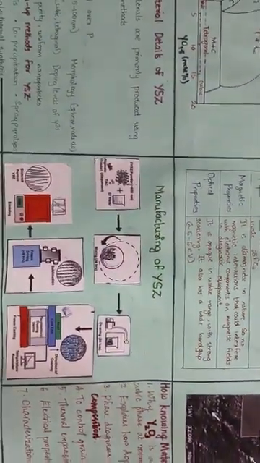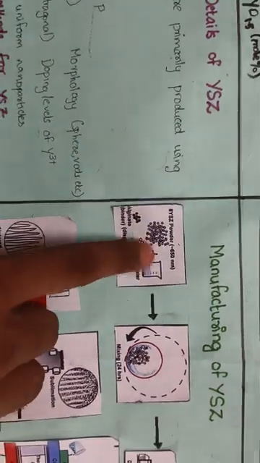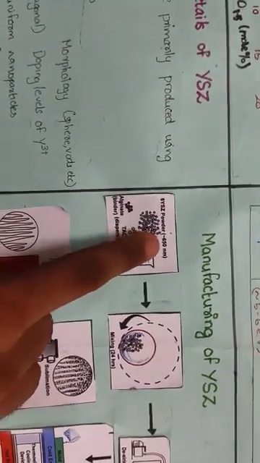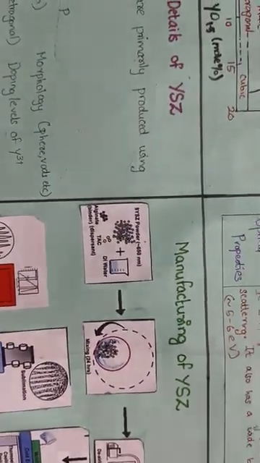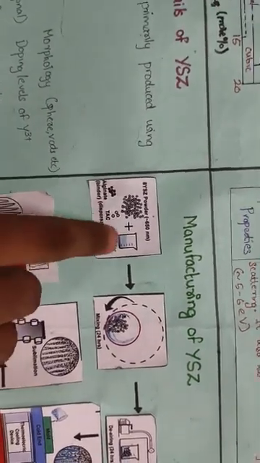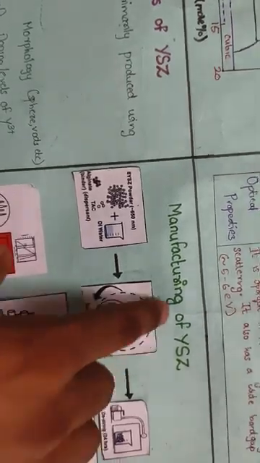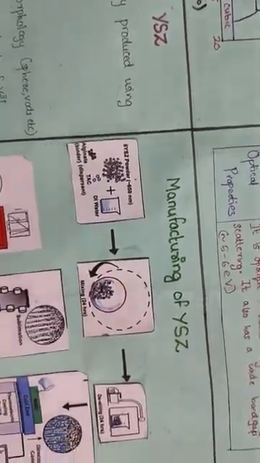Talking about the manufacturing of YSZ, now we looked at the general synthesis process here. Talking about the manufacturing process, like how it is actually manufactured, we have the YSZ powder, having a diameter of around 650 nanometers, and then we mix it with water for around 24 hours.